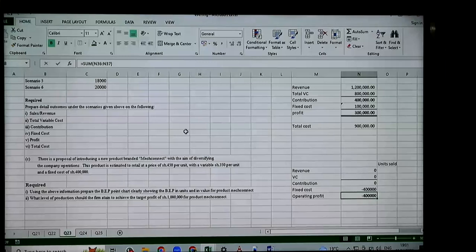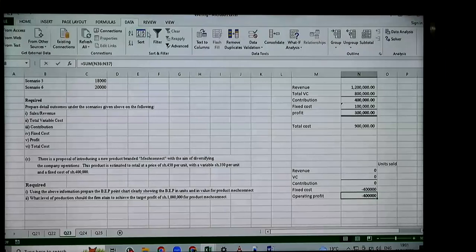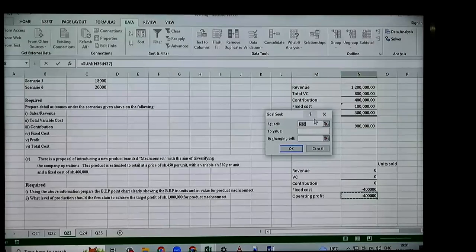So we go to data, then what-if analysis, then goal seek. We want to set this operating profit, and the value we want is 0, because at break-even point total revenue is equal to total cost. By changing our units sold here, the cell that I told you we assume for units sold. Then we press OK.